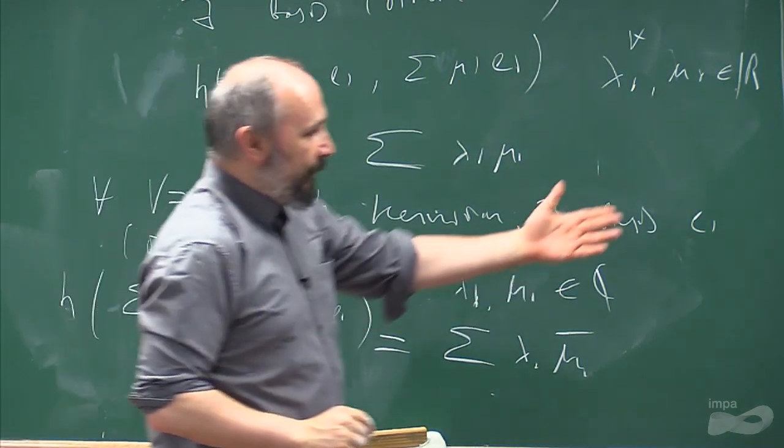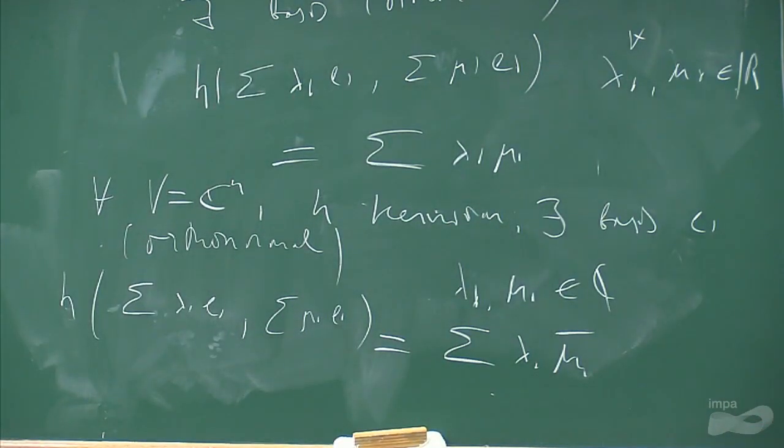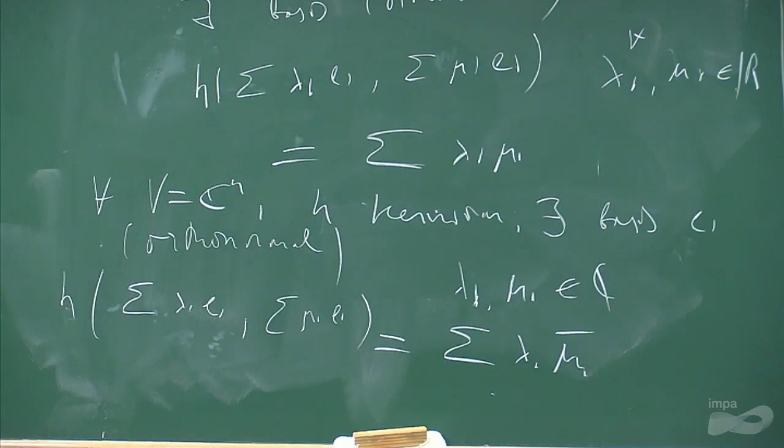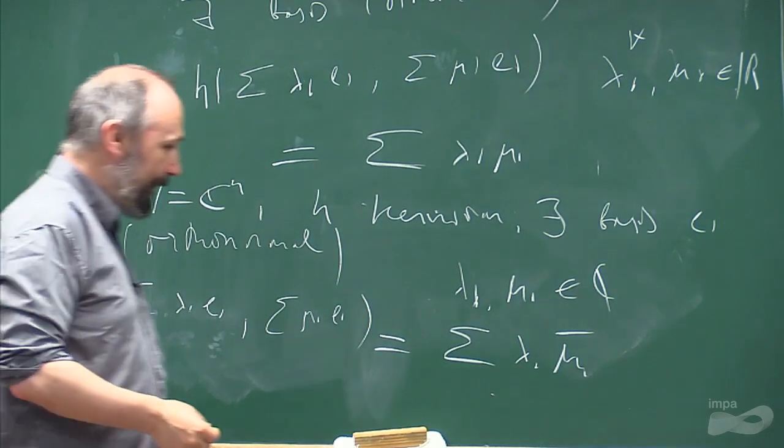This immediately follows from the axioms and the same argument. You start with a vector, you take the orthogonal complement, which will also be a complex vector space with Hermitian form, and you repeat.